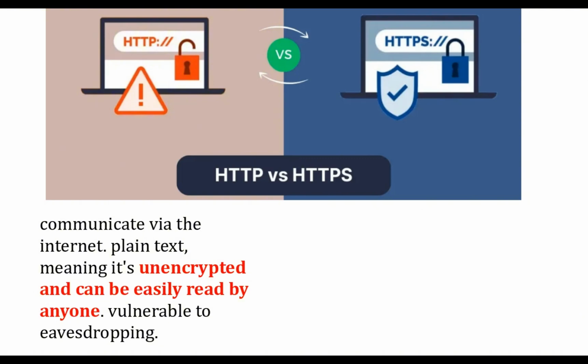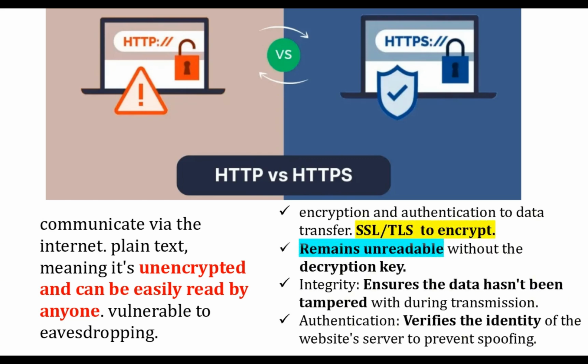The data is plain text, meaning it is unencrypted and can be easily read by anyone from anywhere, and is very vulnerable to eavesdropping, whereas HTTPS uses encryption and authentication to prevent data tampering, and of course has SSL and TLS certificates for encryption, unreadable without a decryption key, ensuring the data hasn't been tampered with when transferred from browser to server, and verifying the identity of the website server to prevent spoofing.